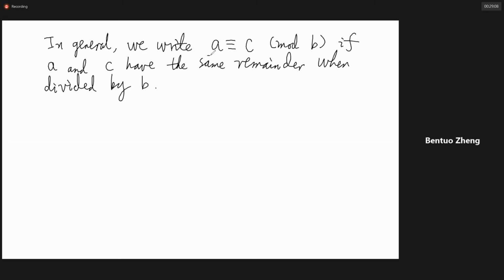Okay, so this notation just means they have the same remainder mod b, modular b.